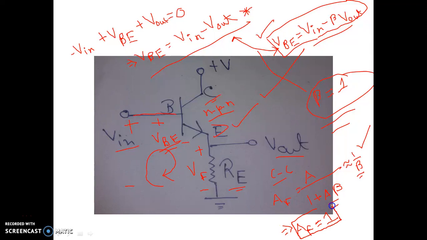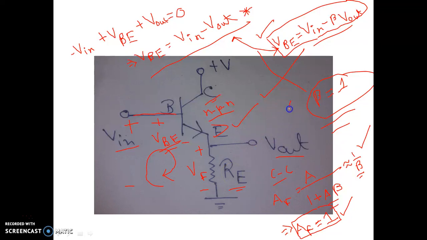This is a very important concept for electronics engineering, that is, for the common collector amplifier the overall gain of the amplifier block is equal to 1, and the gain becomes unity due to application of the negative feedback, and the negative feedback applied in this case is RE, or the emitter resistor.